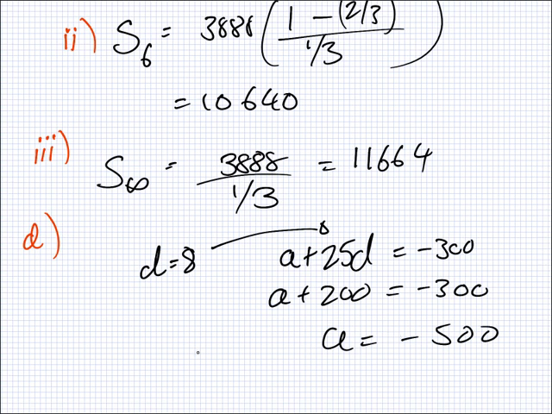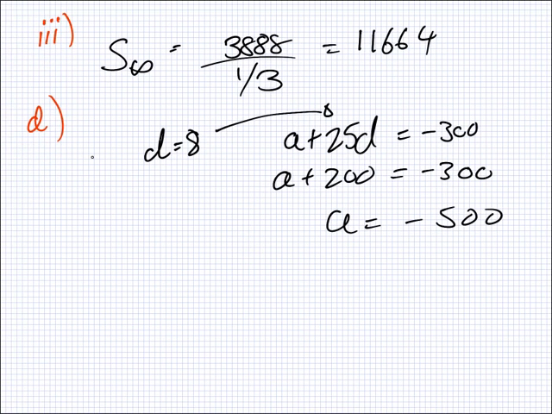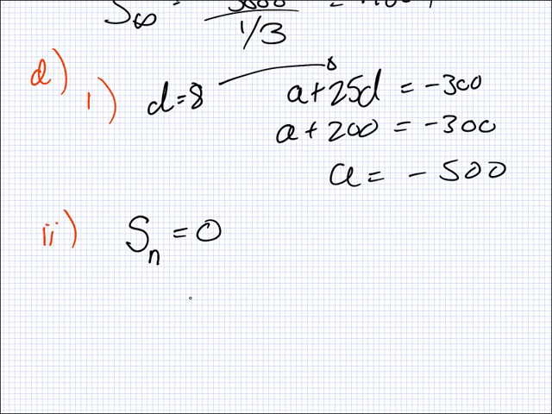Find the n if the sum is 0. In other words, they're saying solve this. Okay, let's see what we got here. So this is A. So they want which term.